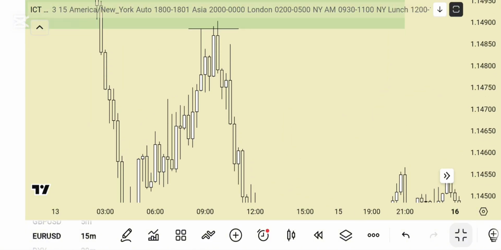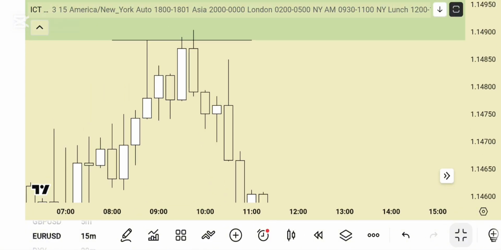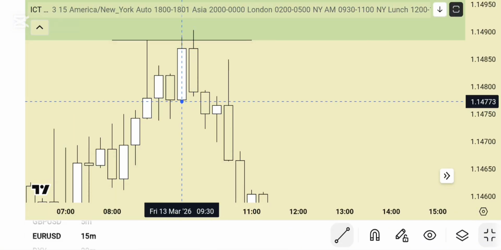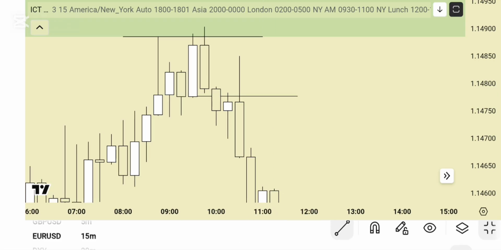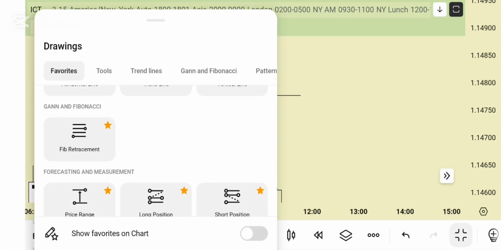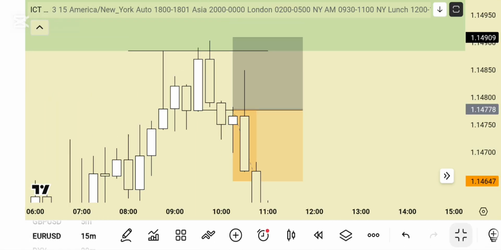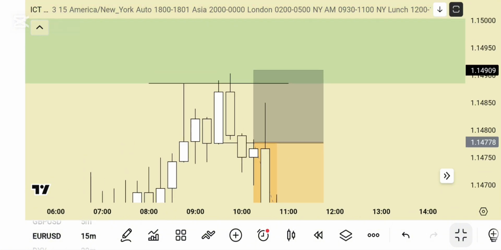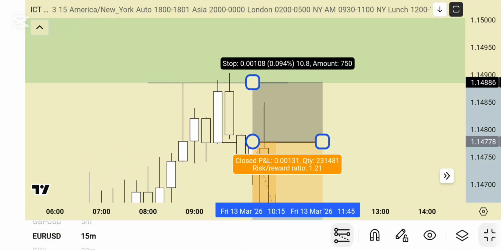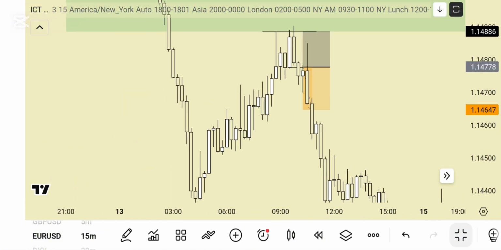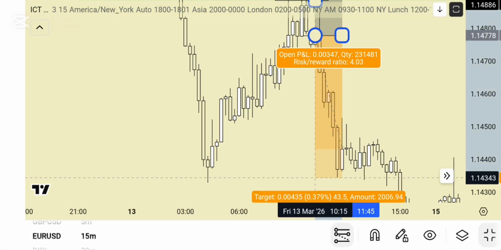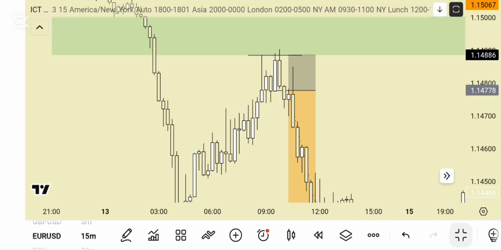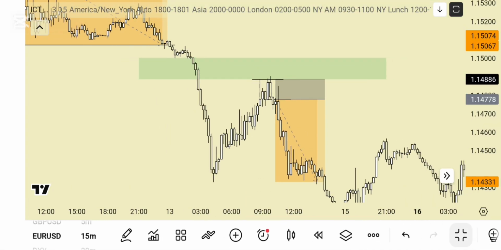You can see the sweep. The sweep was perfect, and the entry model was perfect here. You can see how price rejected from the model 1. And I got this trade. I caught it. My stop loss was around this level, and my take profit was the low. That was my main target. So I caught this trade.